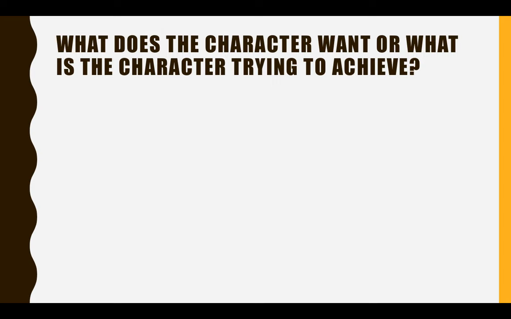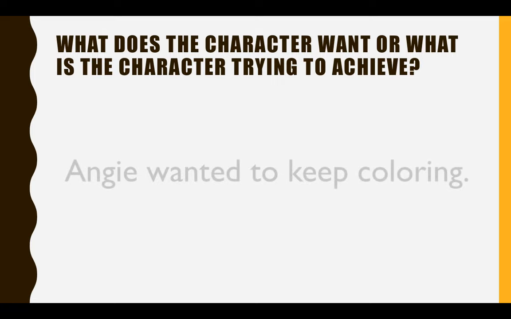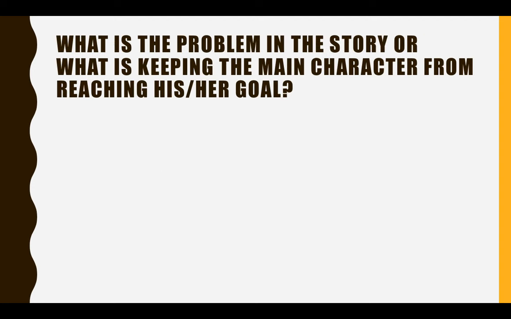So, who is the somebody in this story? Angie, of course. And what does Angie want, or what is she trying to achieve in the story? Well, we know that Angie wants to keep coloring. What is the problem in the story?